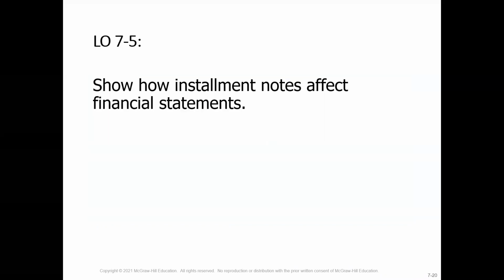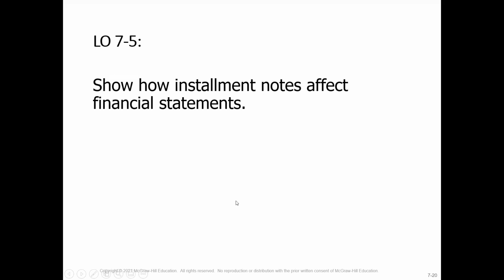So installment notes is what we're talking about here, and this is page 254. You generally utilize what's called an amortization schedule in order to get the breakdown between principal and interest. There is one presented in the book, and it'll be in a couple of slides.